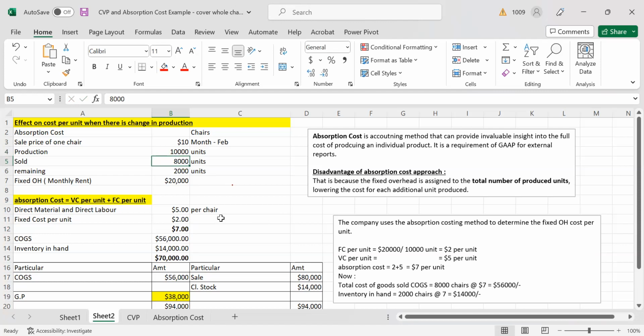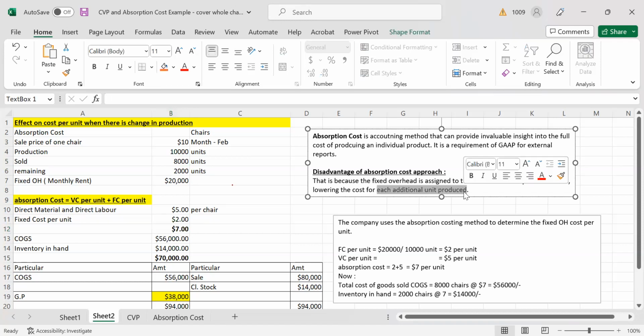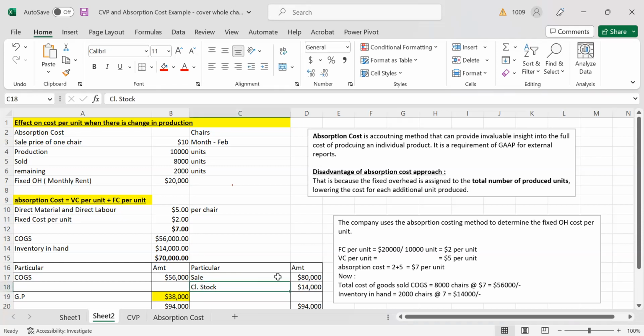So we have proved that the increase or decrease in the units produced, or not produced, or less produced, is definitely going to affect the absorption cost per unit, which is not right. This is the main disadvantage. But for financial accounting, they don't have any other approach to calculate the closing stock as well as the sales.